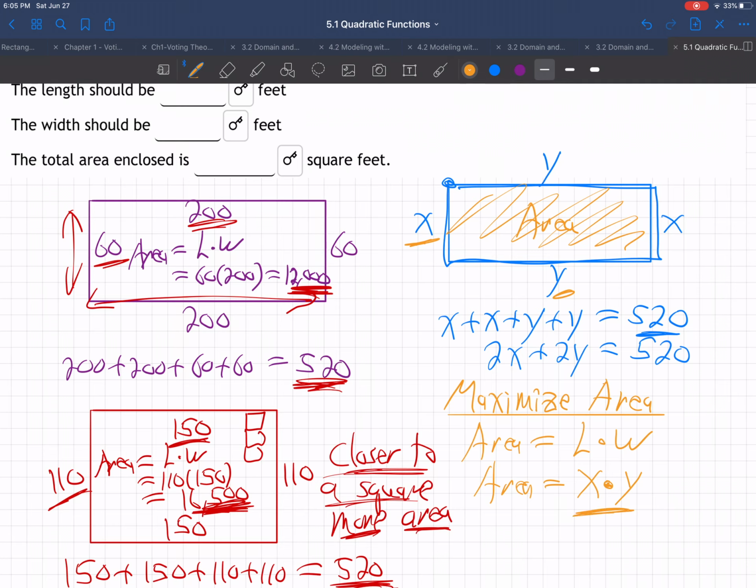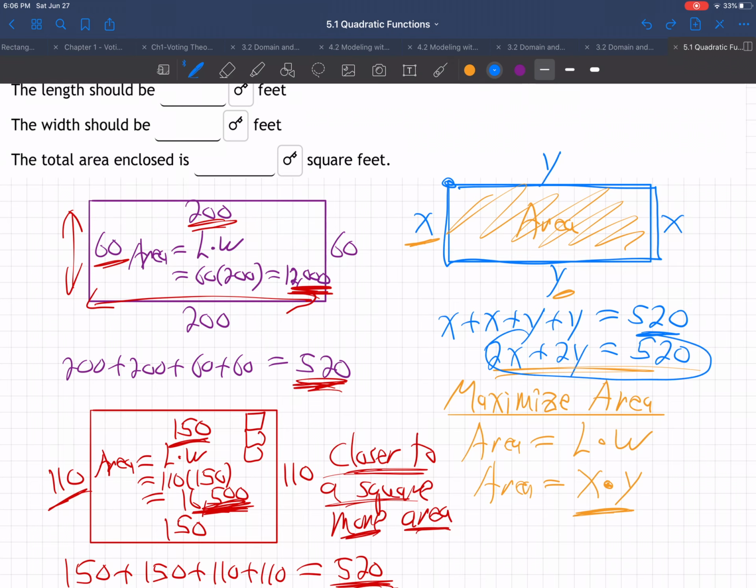Now, we have two letters, and we have two equations. So you know what we do with that, right? We solve for x or y in the equation and plug in. Technically, the maximize one is not really an equation. You might say, yeah, there's an equal sign, but the other side is just a word. So there's really not numbers and letters that are equal to each other. It's something we're maximizing.